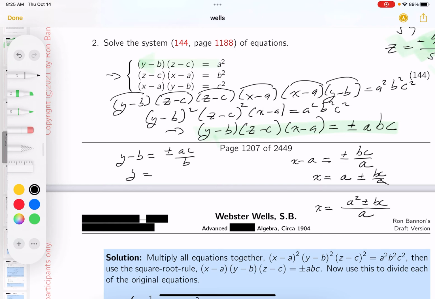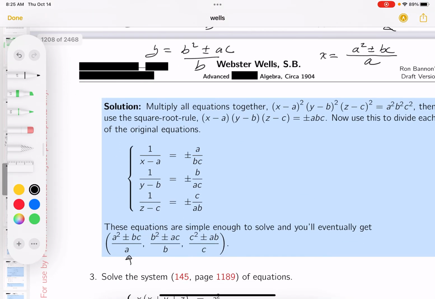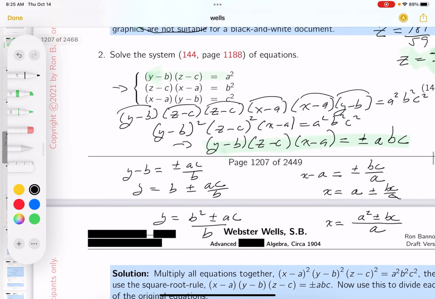What's y equal to? B plus or minus ac over b, or y would equal b squared plus or minus ac over b. Let's see if we got that. We got it. All right, success, success, success.